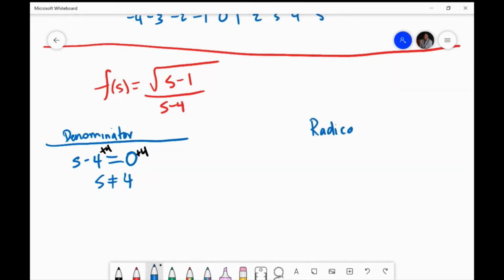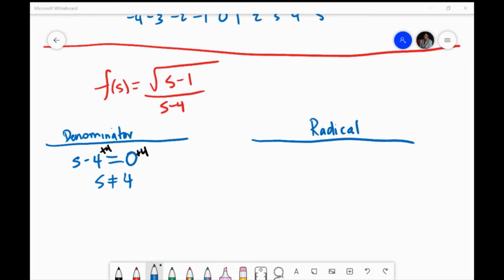What do we need to do to deal with this radical? We just went over one example. What do we need to do for this one to figure out what s is allowed to be under the radical? You got to set it greater than or equal to 0.